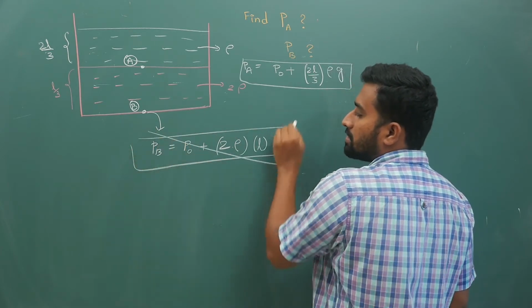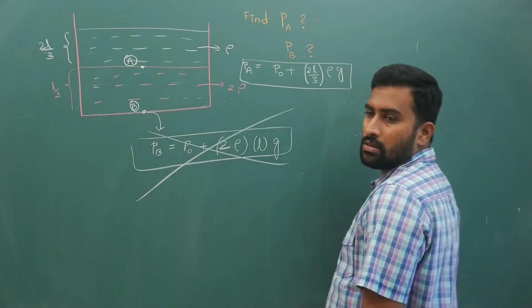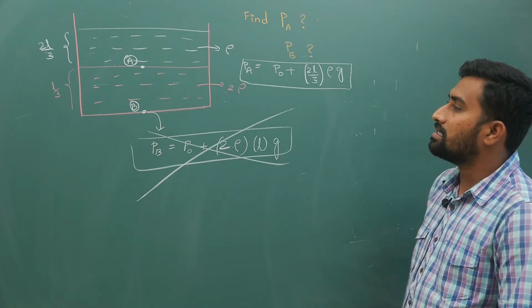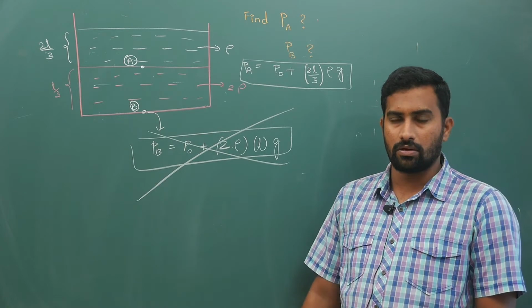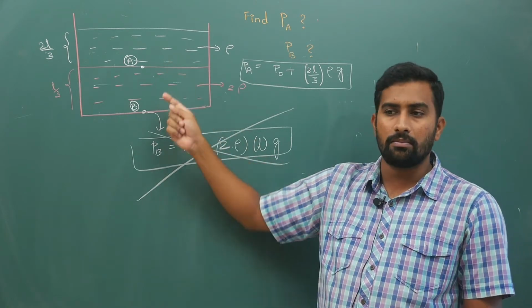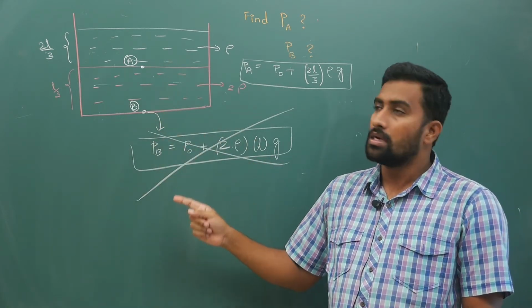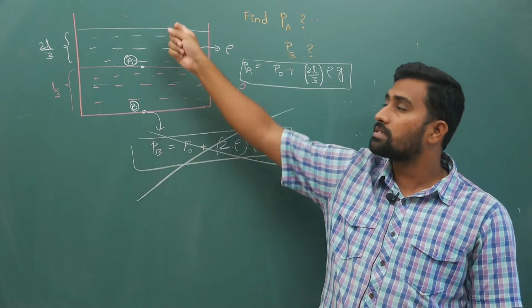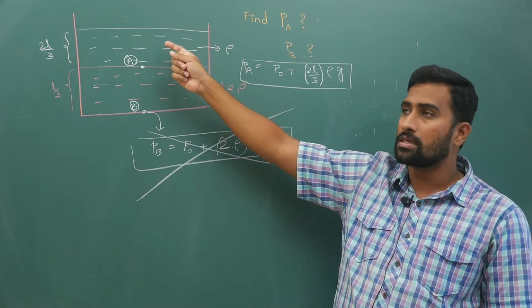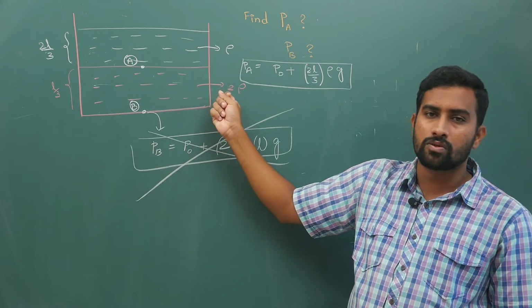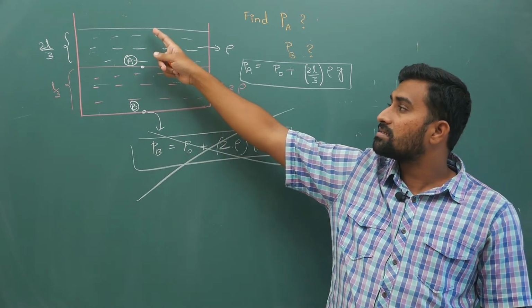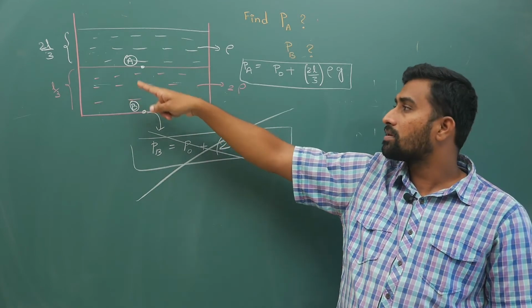This answer is wrong, incorrect. You cannot write it this way because the top liquid is different from the bottom liquid. Both these liquids are completely different from one another.